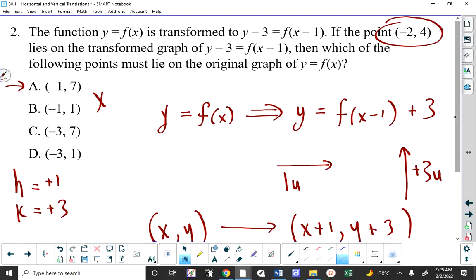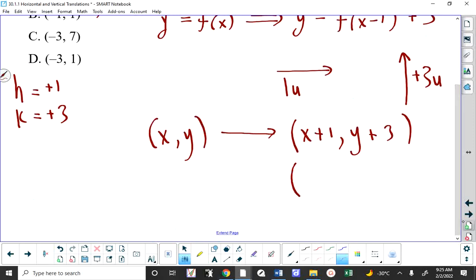So what you are told is that this is negative 2 comma 4, and you have to determine this. Now you can do it with mapping, which is a very algebraic, precise approach, or you can just say, and I'm thinking a number line here, if the x coordinate ends up being negative 2 after it's been shifted 1 to the right, then it must have started at negative 3.